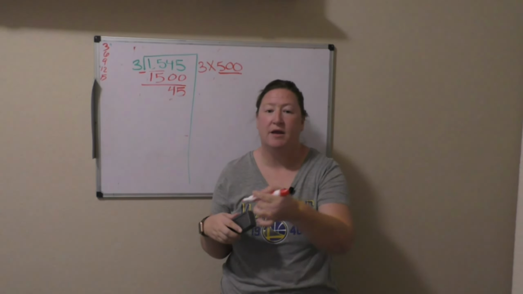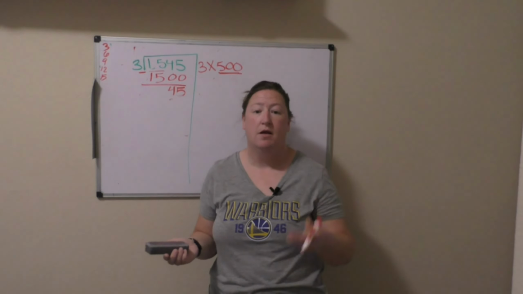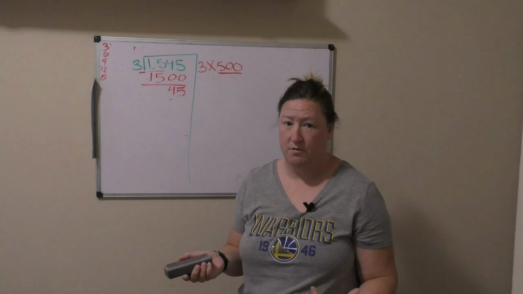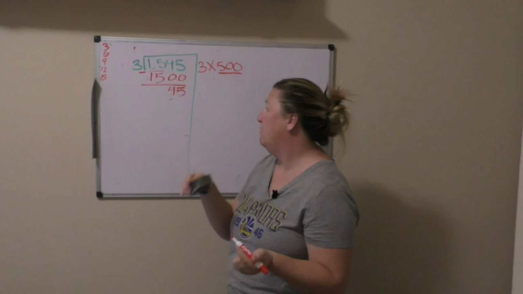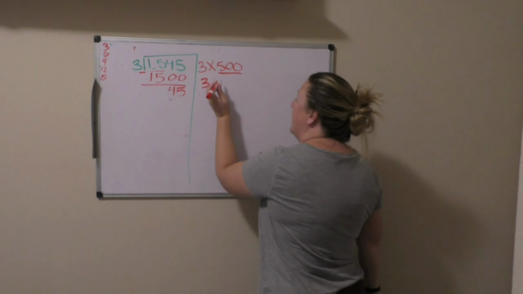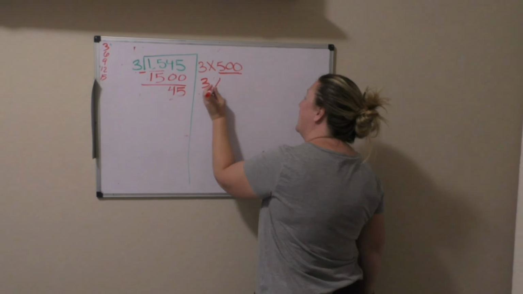The more multiplication facts you know off the top of your head, the easier these problems will be for you. So I know that if I took my 3, and I times that by 15, I know that 3 times 15 off the top of my head is 45.